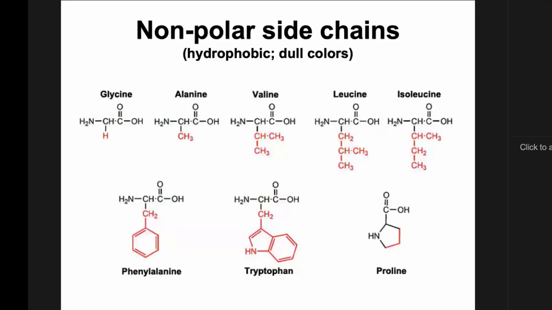So these are the nonpolar amino acids where the side chain has no electrical polarity. I think I talked briefly about this when I talked about color schemes, that there's a color scheme for coloring the different amino acids, and it has a lot to do with the charge or the polarity of the side chain. All of the nonpolar amino acids use dull colors to represent the fact that they have no polarity.